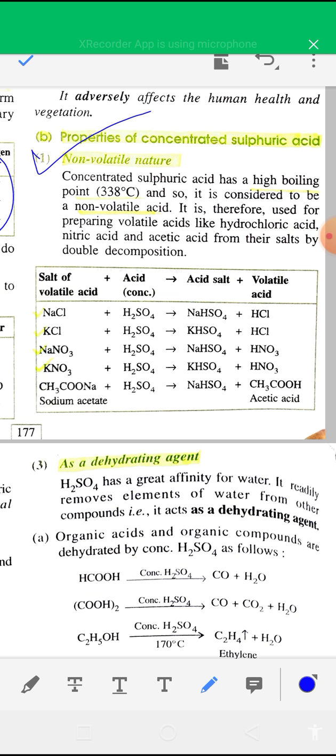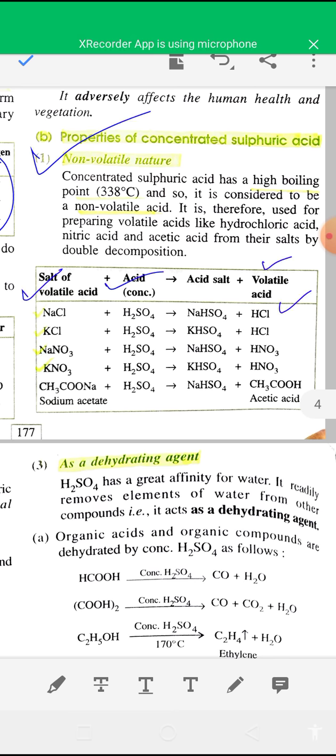When the salt of a volatile acid like NaCl, KCl is treated with concentrated sulfuric acid, salts like NaHSO4, KHSO4 are obtained, and the volatile acid is obtained. Sulfuric acid is a non-volatile acid. When it reacts with the salt of a volatile acid, salt is produced and volatile acid is produced.